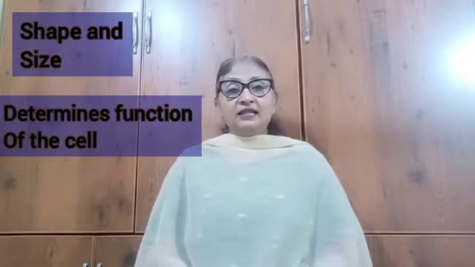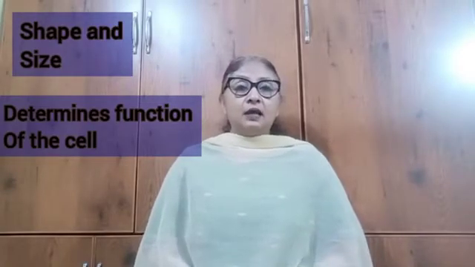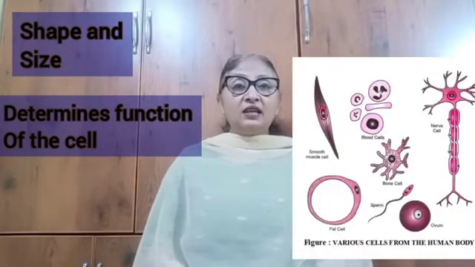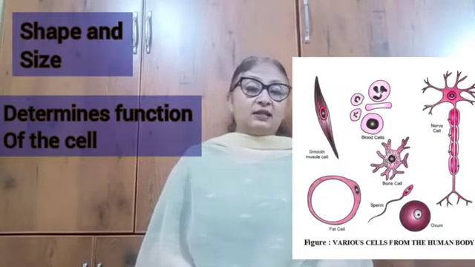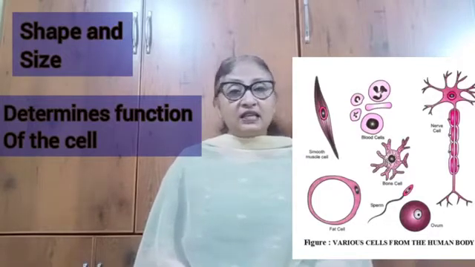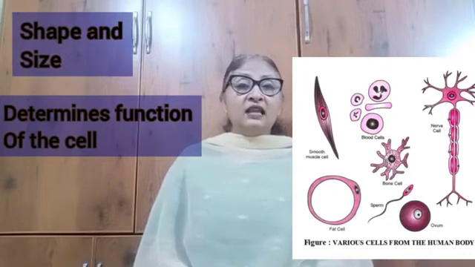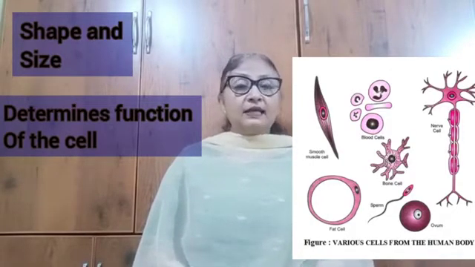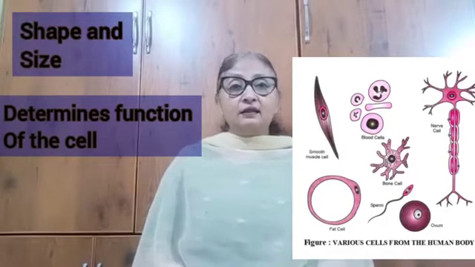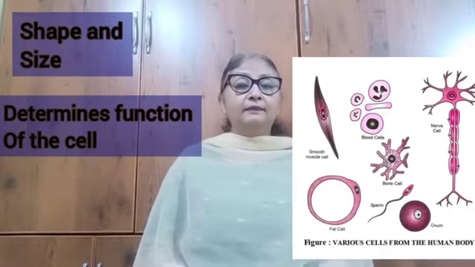Now cells are of different shapes and sizes. The shape and size of a cell determines the function of a cell. Let us see a few examples. The spindle-shaped involuntary muscle cells help in involuntary actions such as breathing, movement of the intestine, etc. The RBC is spherical and contains the red coloring pigment hemoglobin.